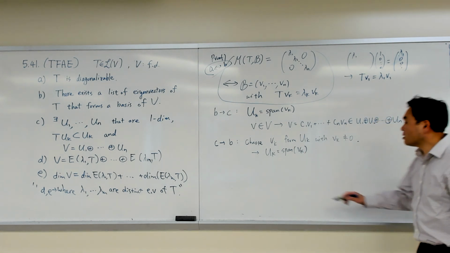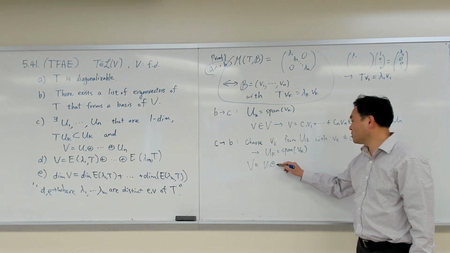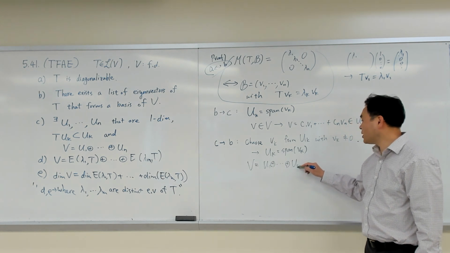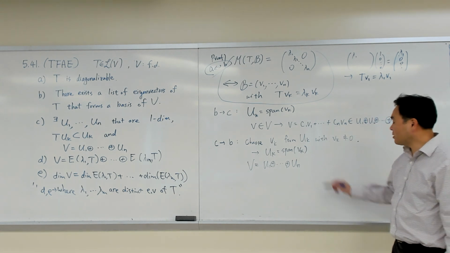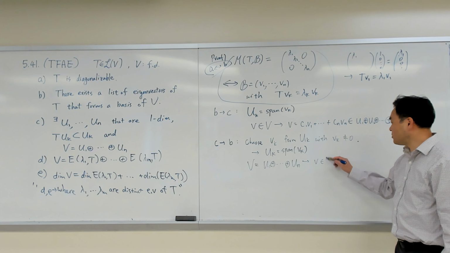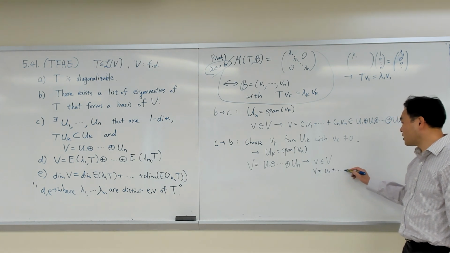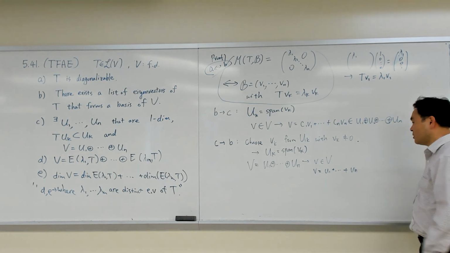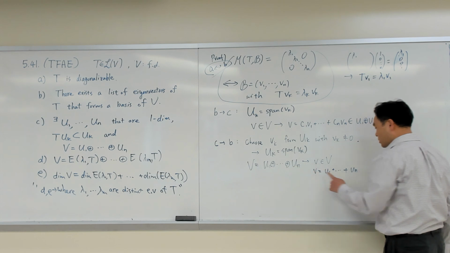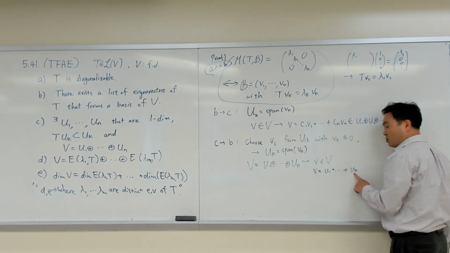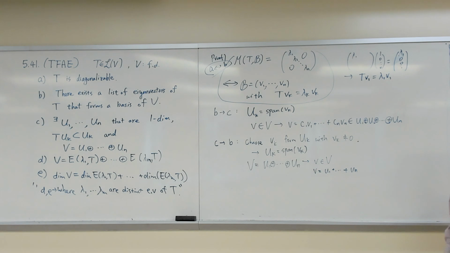And then because V is equal to U1 plus through UN, that means any V in V can be written as V equals some U1 plus ... plus UN, with U1 from U1, U2 from U2, UN from UN, right? That's what it means to be a sum of subspaces.